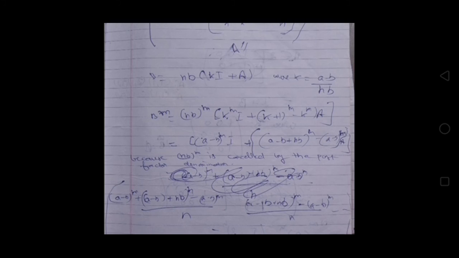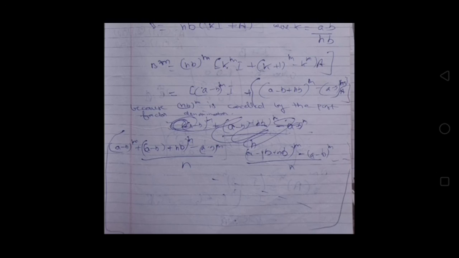(a minus b) raised to power m into identity matrix plus another bracket, [(a minus b plus nb) whole thing raised to power m minus (a minus b) raised to power m] into A. Because nb raised to power m is cancelled by the denominator, we have used the value of k, which is equal to (a minus b) divided by nb, and the nb raised to power m is cancelled by the denominator.